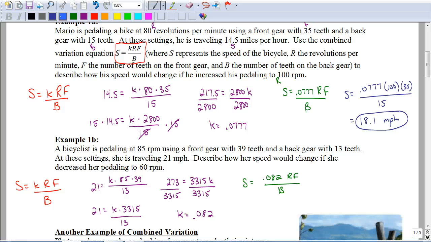So now we're going from 85 to 60, so our answer would be 0.082 times 60 times, her bike is going to remain the same, so it's going to be 39 front gear teeth, 13 back gear teeth. Do the math on your calculator and you get about 14.8 or 15 miles per hour.